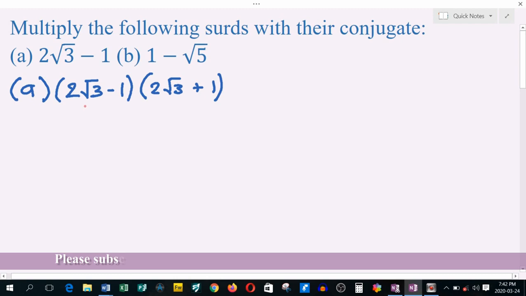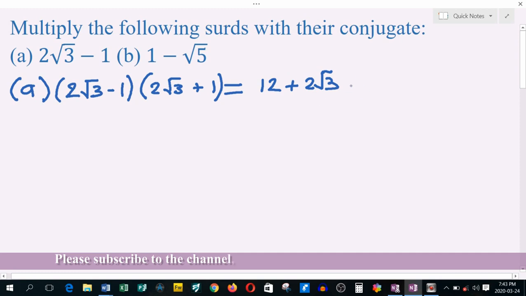We multiply this surd with this, then we multiply this with this, we multiply this with this, then we multiply this with this. So this will give us 2 root 3 times 2 root 3 will give us 4 times 3, that is 12. 2 root 3 times 1 will give us plus 2 root 3.